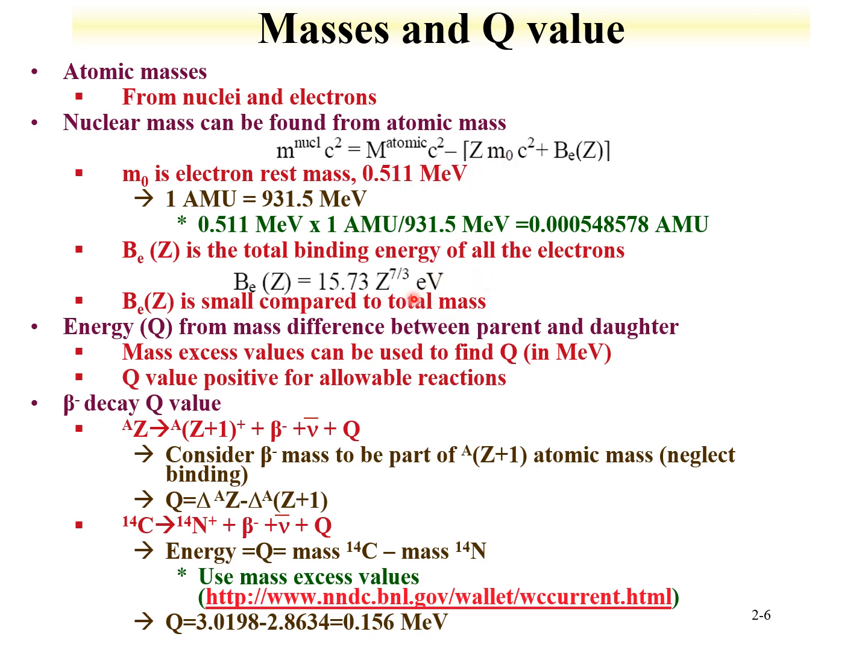These masses are in MeV. Again, this number is also pretty insignificant. So both the binding energy term and the electron mass term can be neglected. So for the Q value, we can just talk about the differences between the parents and the daughters in terms of the nucleus. So our concept of using the nuclear masses is relevant.